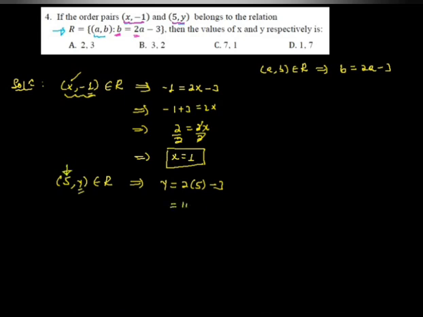So this means 10 minus 3, and the result is 7. So the value of y is 7 and the value of x is 1. We are asked to write the values of x and y in this order: first x, then y. So 1 and 7 will be the answer for this question.